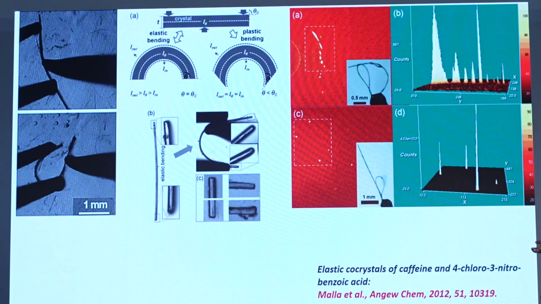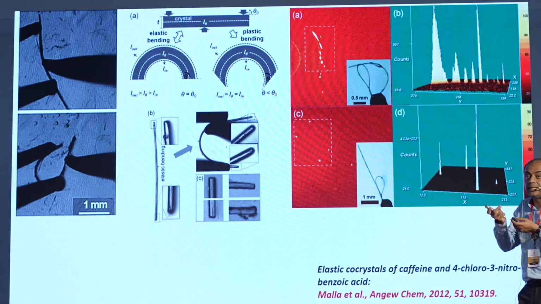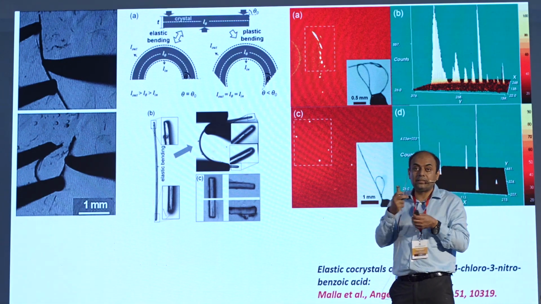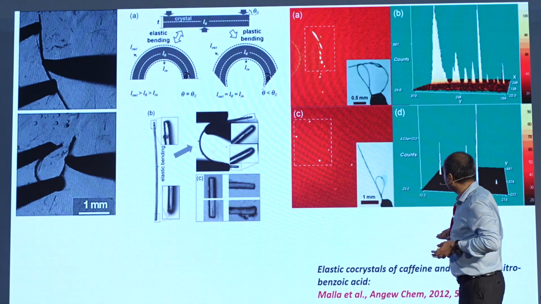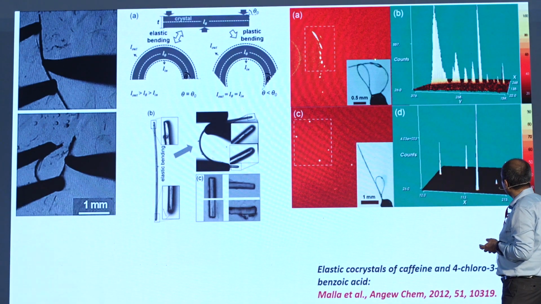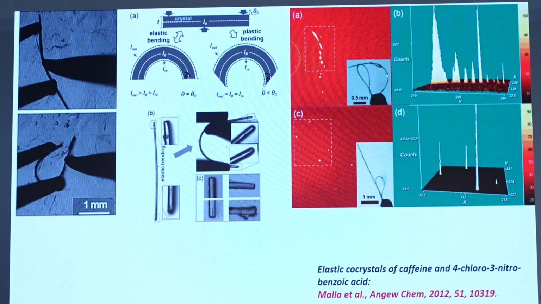And then we do a single crystal X-ray diffraction experiment to see whether the crystallinity of the crystal is retained, or whether there is a change in the structure at the bent region. So we have the loop, and we have this bent crystal which you lock using this loop, and now you shine X-rays at the bent region. This is the bent region, and compare it with the crystal in the unbent region.